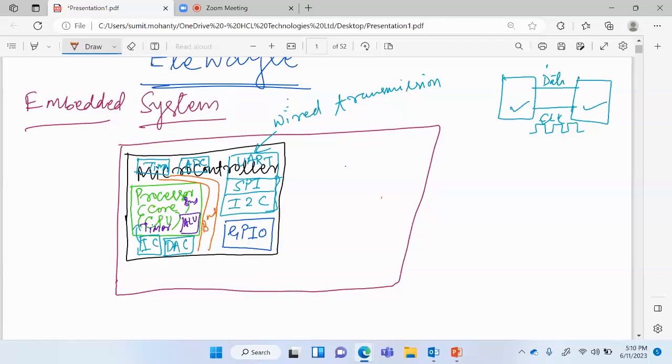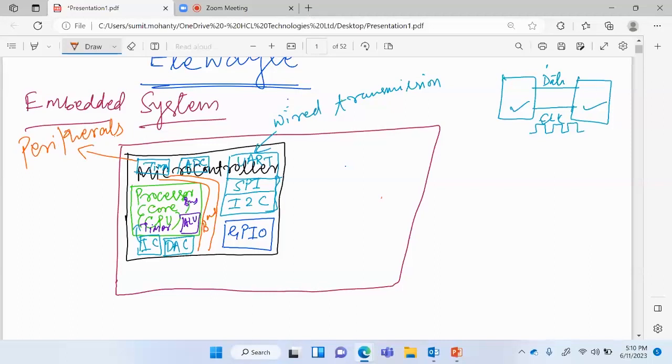You have buses over here to communicate between the processor and the other peripherals. All these things are called peripherals, whether it is GPIO, UART, SPI or I2C.